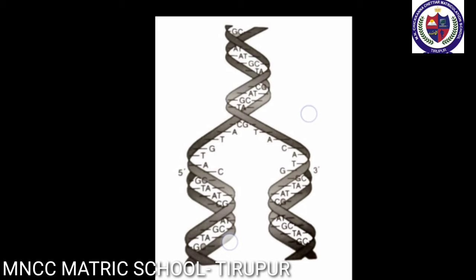The two resulting daughter cells contain exactly the same genetic information as the parent cell. DNA replication involves the following steps: origin of replication, unwinding of DNA molecule, formation of RNA primer, synthesis of new complementary strand from the parent strand.